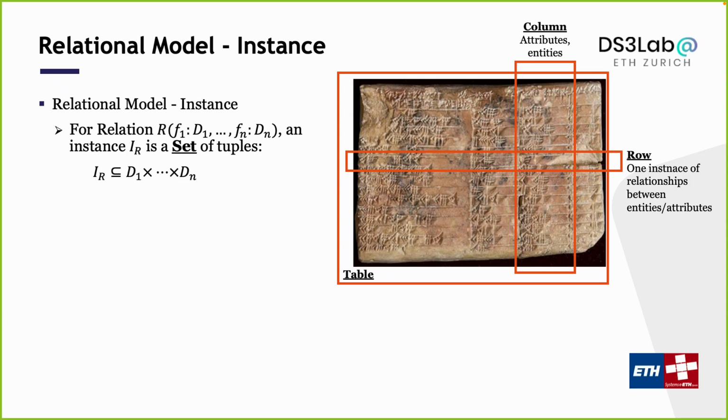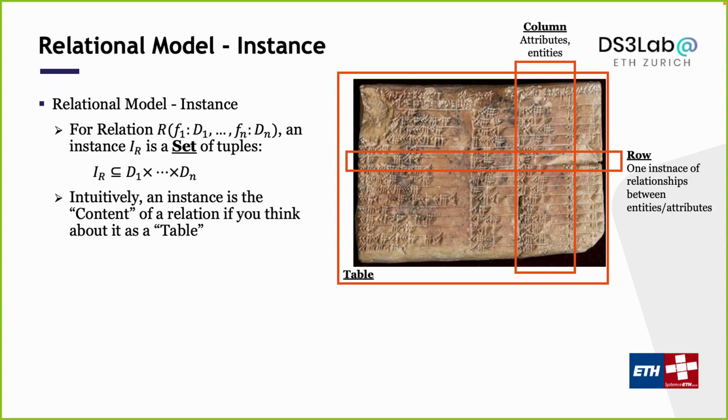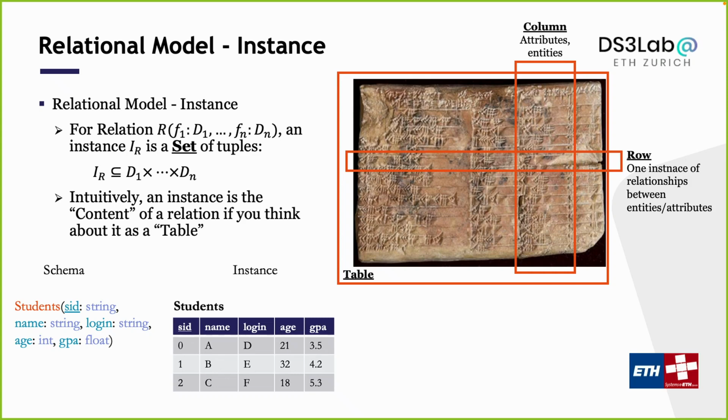Intuitively, if the schema is the header of your table, the instance is the content of the table, a collection of tuples. If you have the student relation like this, this is one valid instance. As you can see, now we have three students, each with different information.